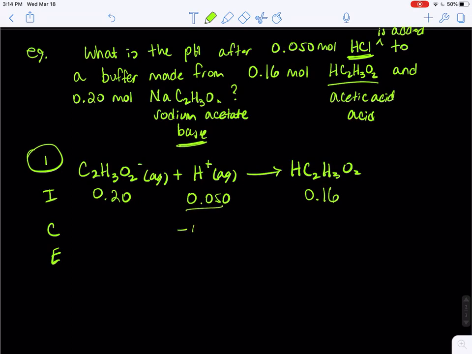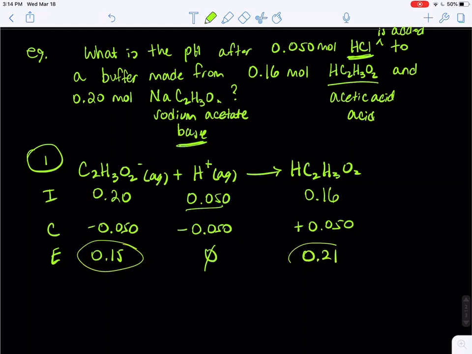That's my limiting reactant. Okay, and I want to add my columns here. Okay, and I've got my final mole amounts of the base and the acid.